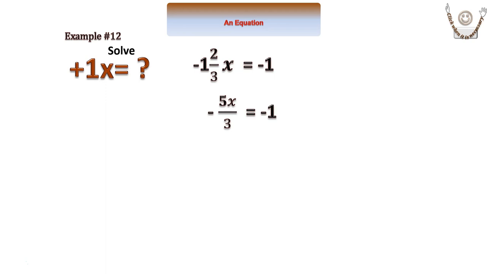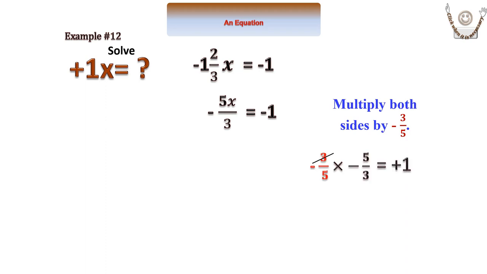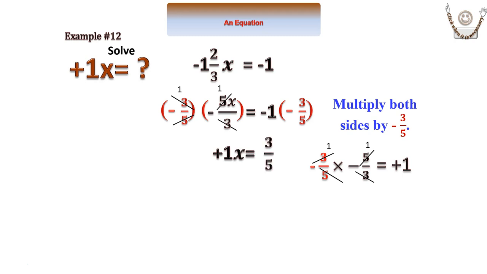So we will multiply both sides by negative 3 over 5 in order to have positive 1x, because we know negative times negative gives us positive. So you can simplify using cancellation, and the result would be just 1x is 3 over 5 positive, and we can show a real number line.